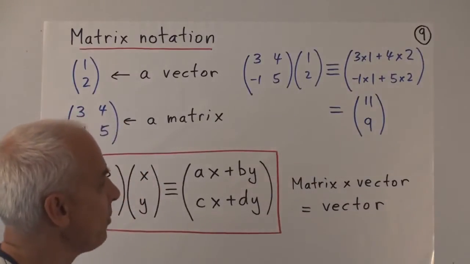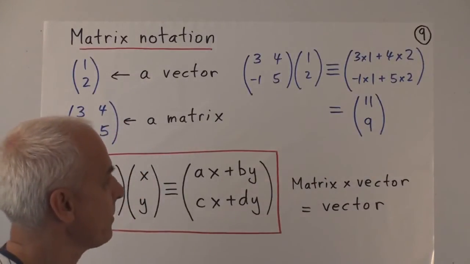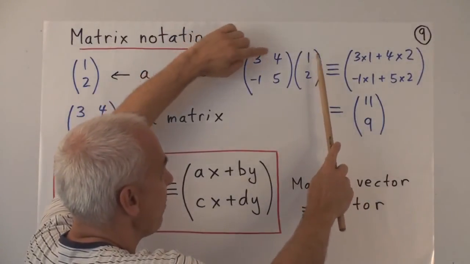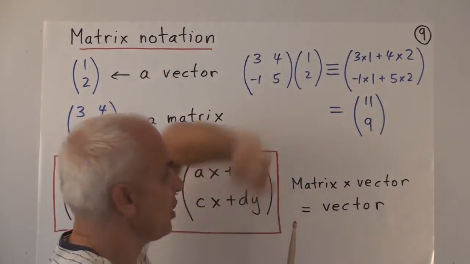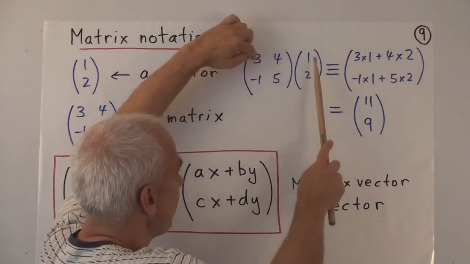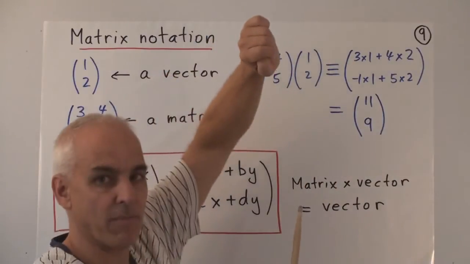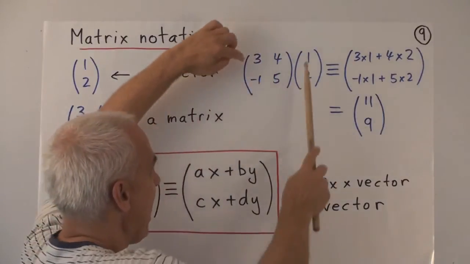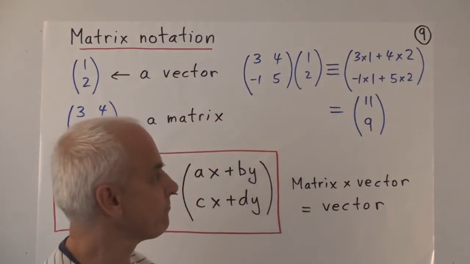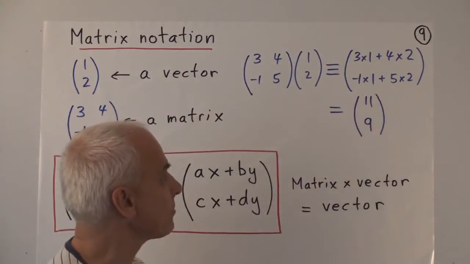And to get that other vector, we're going to do the following. The top entry is obtained by taking 3 times 1 plus 4 times 2. So we're going to go over that first row and multiply the terms one by the column elements in the vector and add them up. 3 times 1 plus 4 times 2. That's 3 plus 8, that's 11.